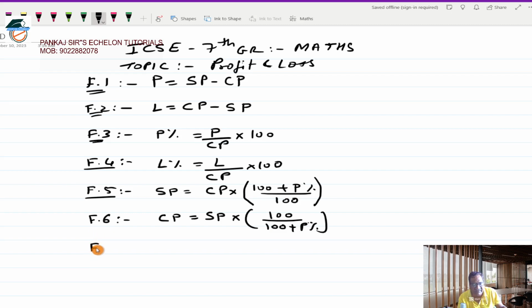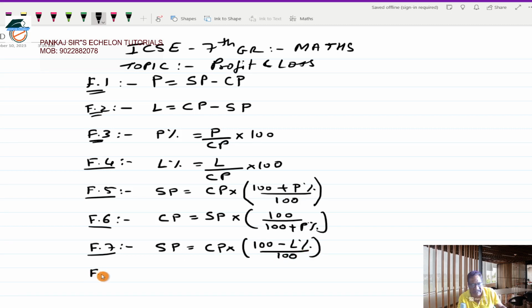And formula number 7 is to find out selling price when loss percent is given to you. So selling price will be equal to cost price multiplied by, this time, 100 minus loss percentage divided by 100. If cost price and loss percentage are given in the question, then this formula you have to use.